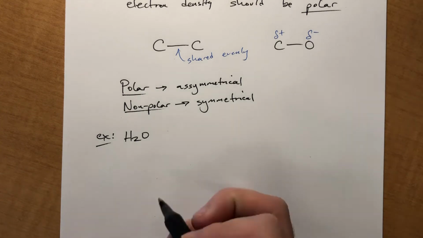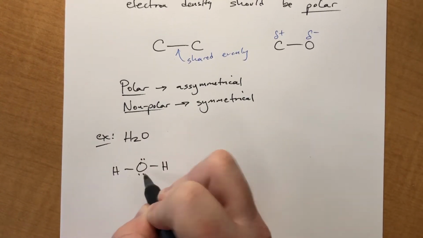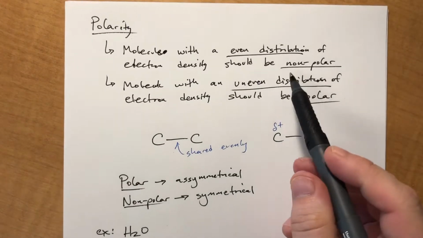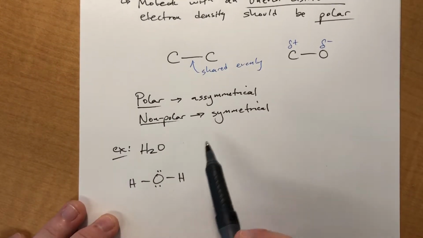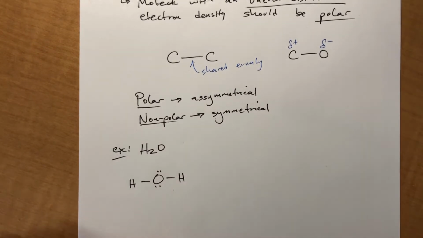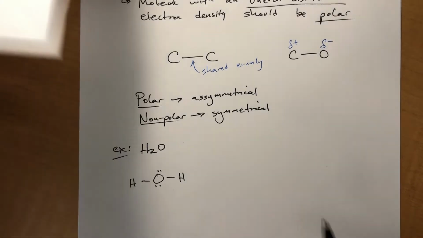So water, we would typically draw it like this. And if you look at it, it's an even distribution of electrons. It looks like everything's symmetrical there, everything's symmetrical there. We said symmetrical means non-polar. The problem is the Lewis structure is not the three-dimensional structure. So we have to use the molecular geometry to figure this out.